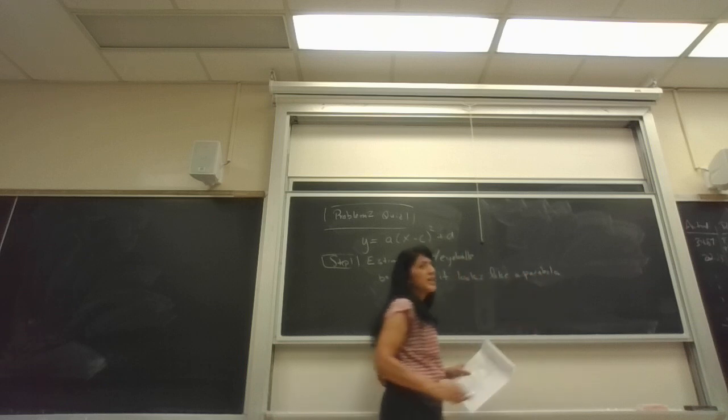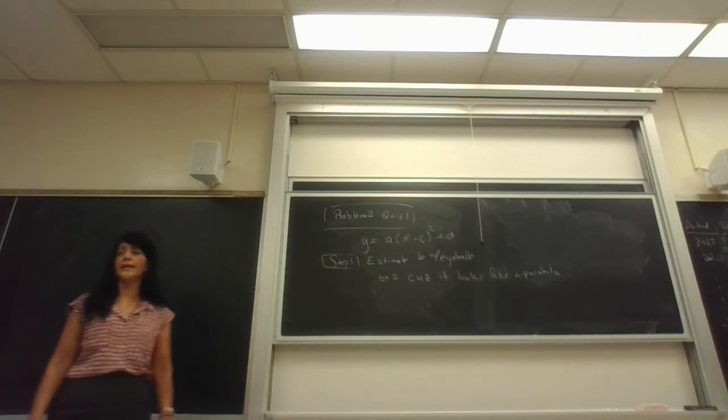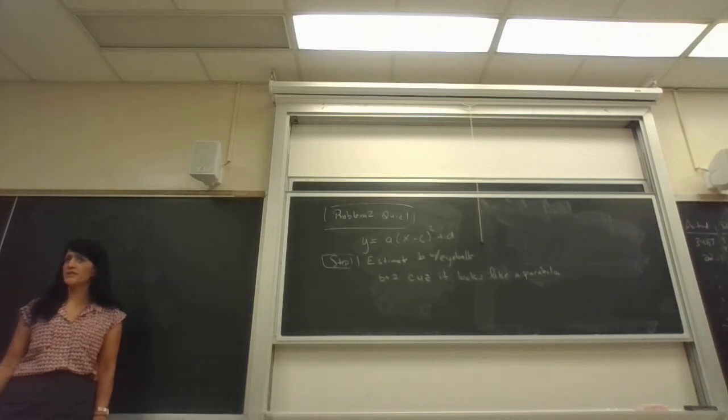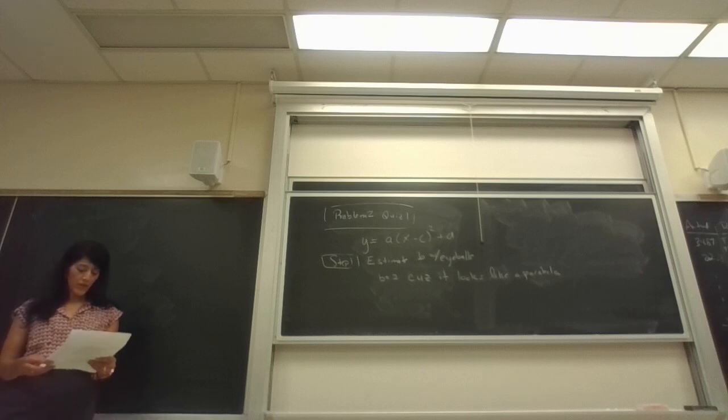Looks like a parabola. Cubics are a little bit harder because you can get all kinds of shapes with cubics. I use cubics all the time, cubic splines to fit data. Okay, next step.